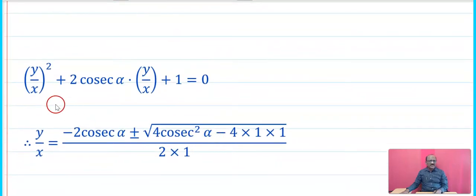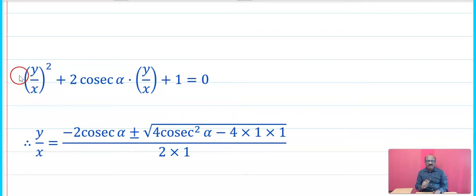And hence again this is a quadratic equation in the form ax square plus bx plus c. Here we are applying the formula. What is that formula? x is equal to minus b plus or minus root of b square minus 4ac, over 2a. Here x is y upon x, and minus b is minus 2 cosec alpha, plus or minus root of b square, which means cosec alpha bracket square, that is 4 cosec square alpha, minus 4ac.